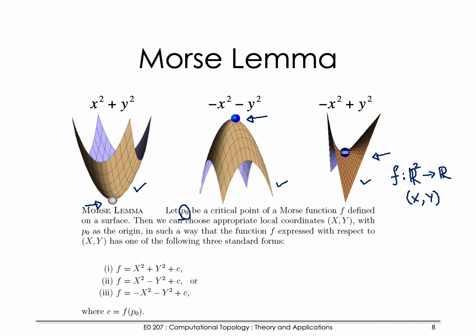The function f can be any polynomial, any differentiable function. But within the neighborhood of a critical point, it is quadratic. Within a small neighborhood of the critical point, f is exactly a quadratic function. We will take this result without proof. The proof is beyond the scope of this particular course. But we will look at the implication of the Morse lemma, and that's what we will do next.